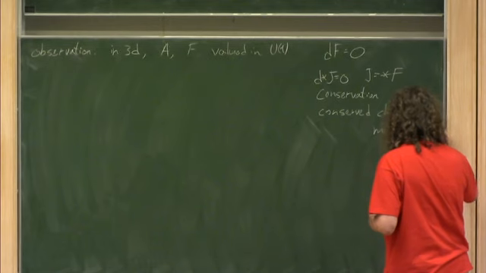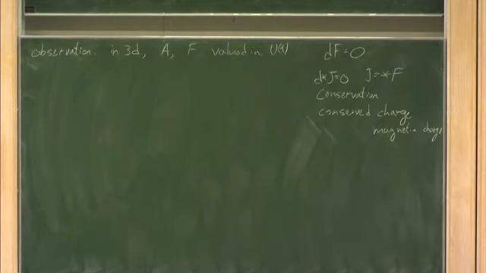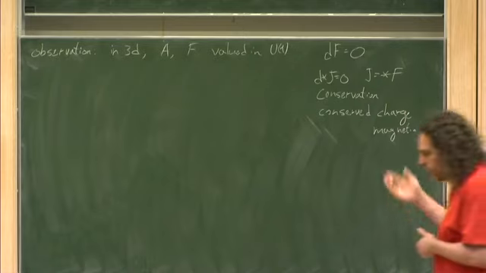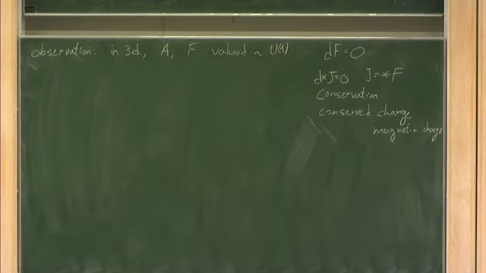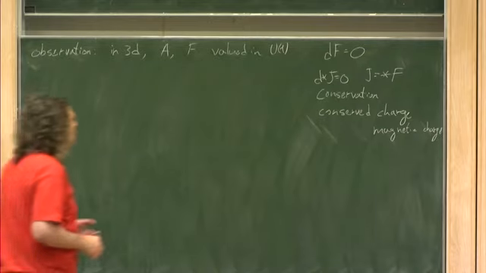So now this is a feature which is generic for any 3-dimensional theory, and in fact it's very special to 3 dimensions. If I do the same trick in other dimensions, J will not be a one form, and I will not be able to assign to it a conserved current.